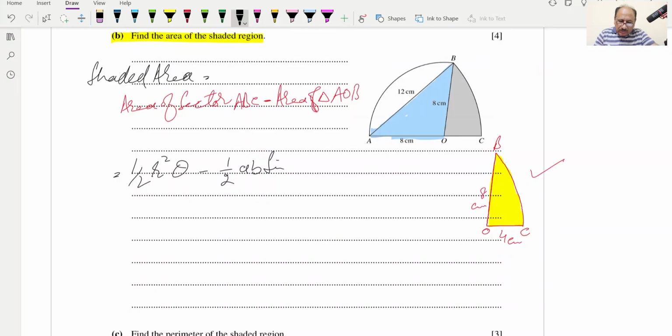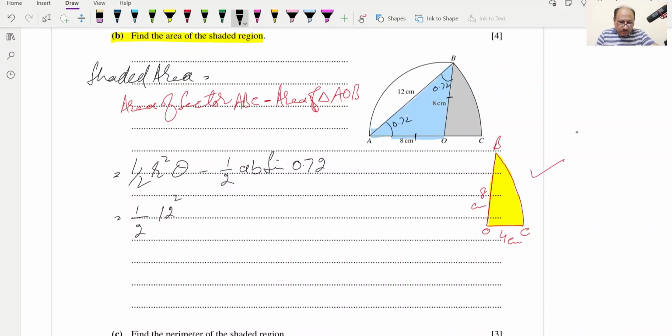The r value will be 12 because AB is 12, so 12 squared and theta will be 0.72, and this side will also be 0.72, because this side AO is equal to OB, which is 8 centimeter and 8 centimeter.